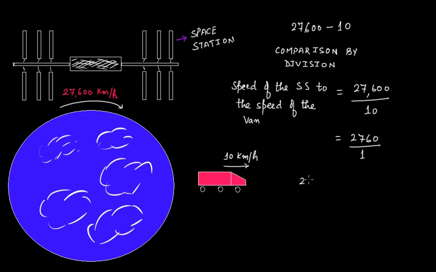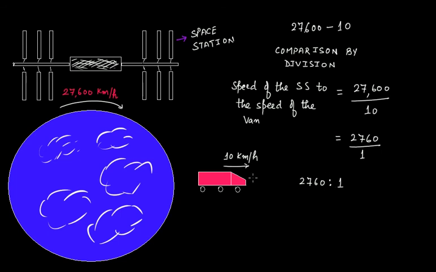This is 2,760 ratio 1. What does it tell us? It tells us that the speed of the space station is 2,760 times that of this truck, or the van, or the bus, or any vehicle. Again we use the concept of ratio. It's telling us the comparison of two different values, two different numbers.